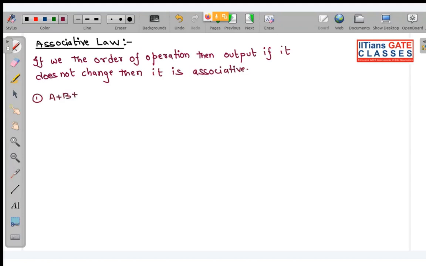A plus B plus C. If I put brackets over here, this is equal to A plus B plus C. So this means what?